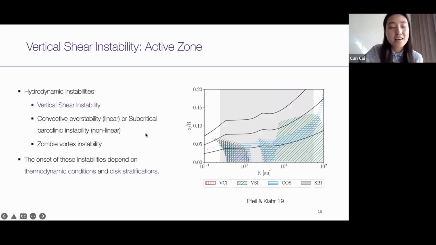Okay, so that's the first part of my talk. In the second part, I will introduce the vertical shear instability, which is a very promising instability in protoplanetary disks.